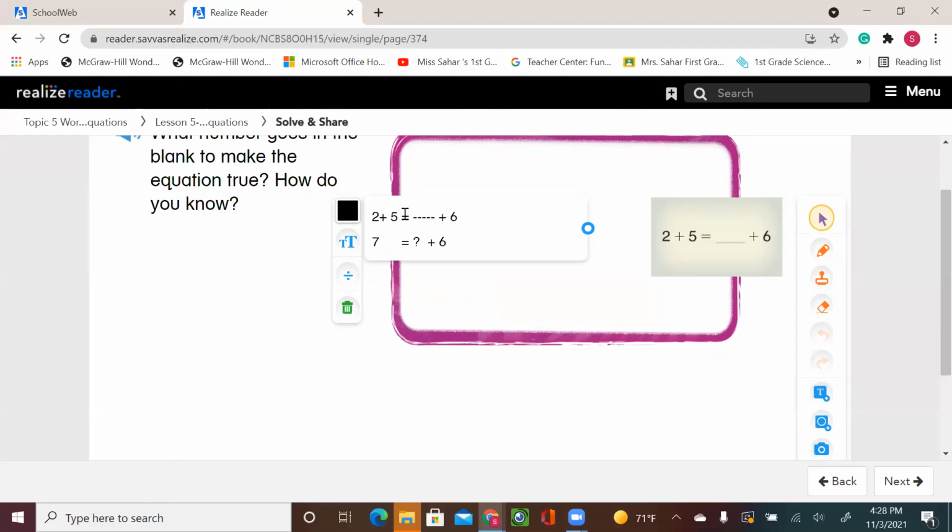I know that 1 plus 6 equals 7. So I'm going to go down again. I'm going to put my 7. I'm going to put equals 1 plus 6. That means 2 plus 5 equals 1 plus 6, all equal to 7.